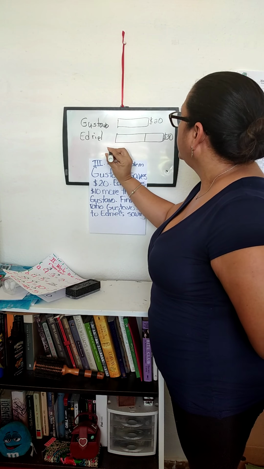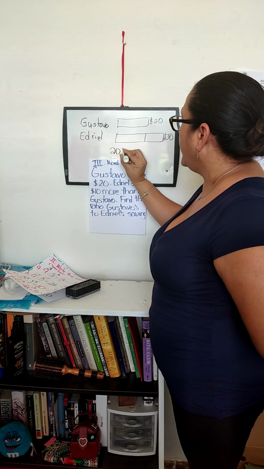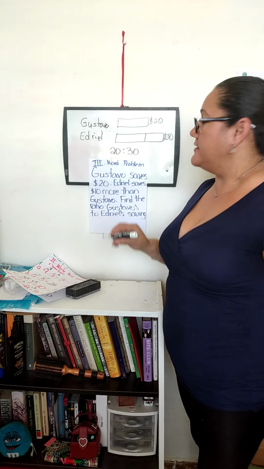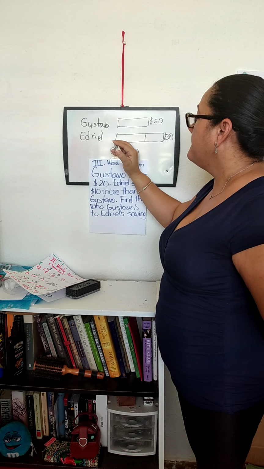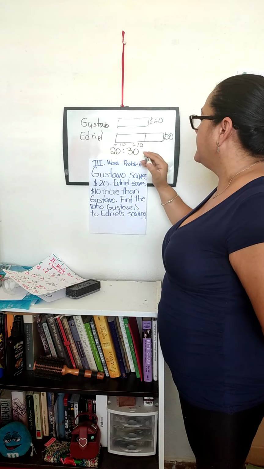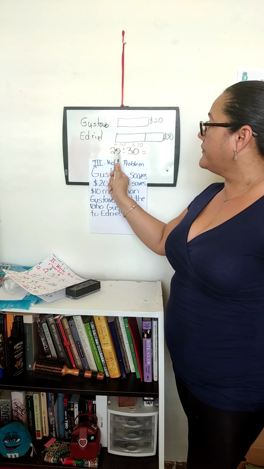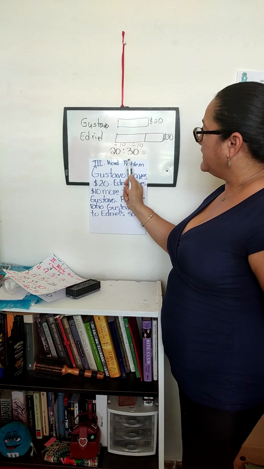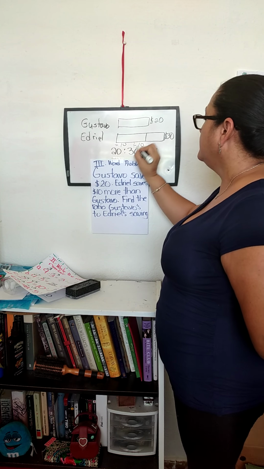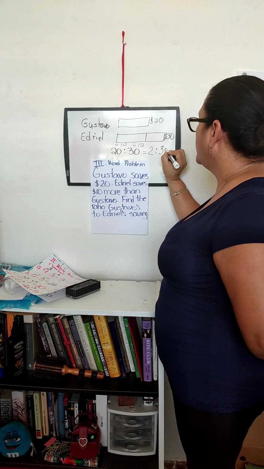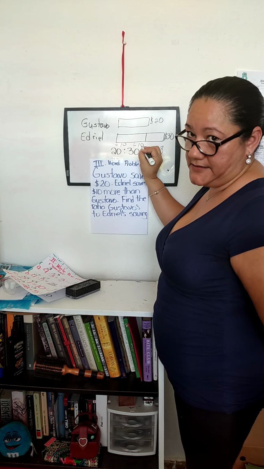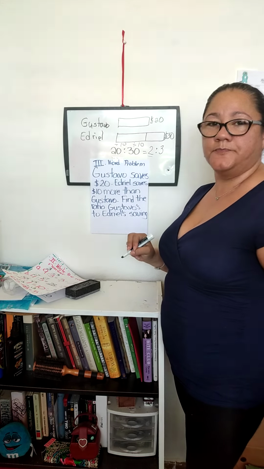So I have Gustavo 20 ratio 30, which is Adriel. So I can simplify this, right? If I divide by 10. Remember, whatever I do to the first number, I have to do to the second number. So that will be 2 ratio 3, because 20 divided by 10 is 2, and 30 divided by 10 is 3. Thank you.